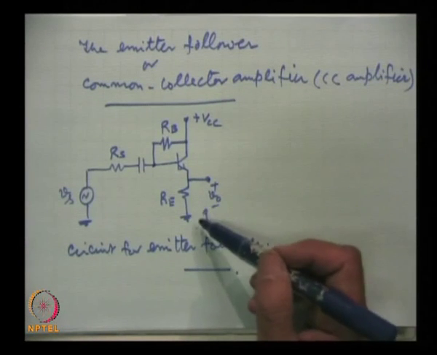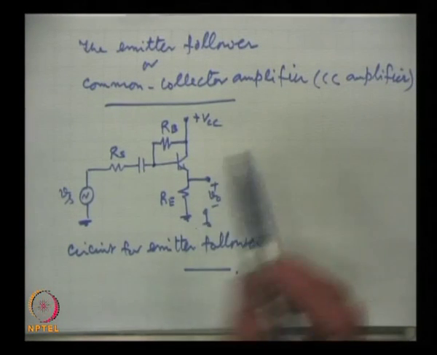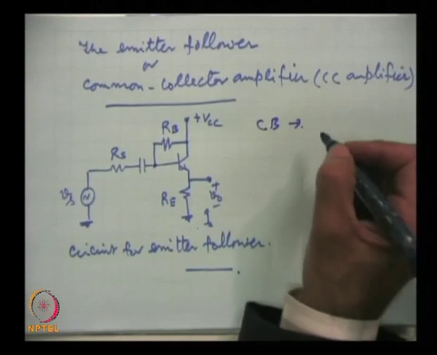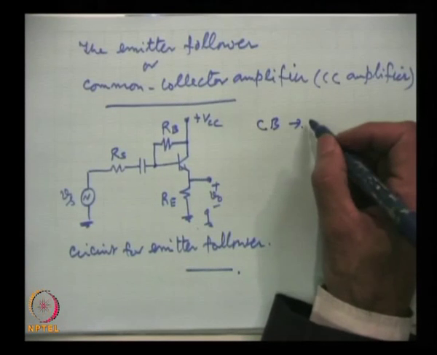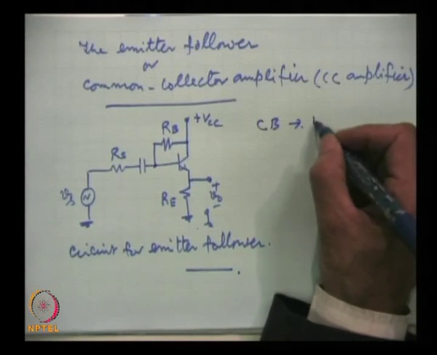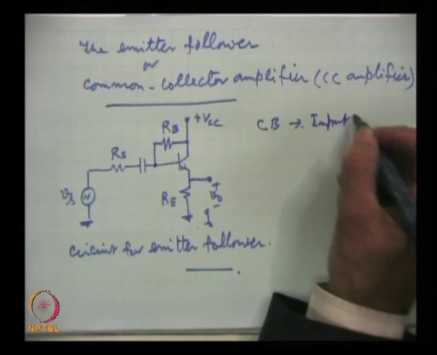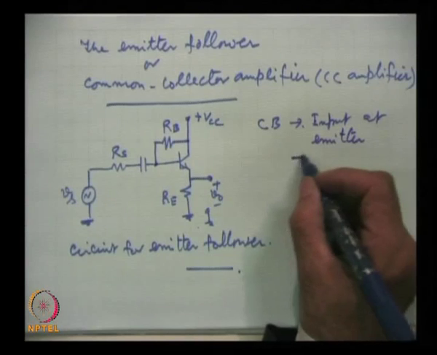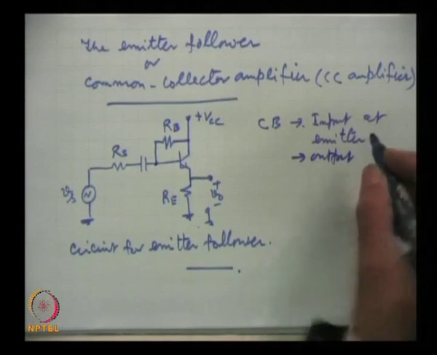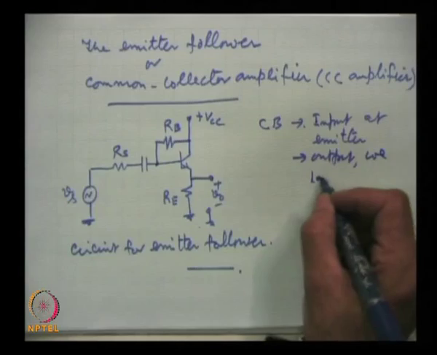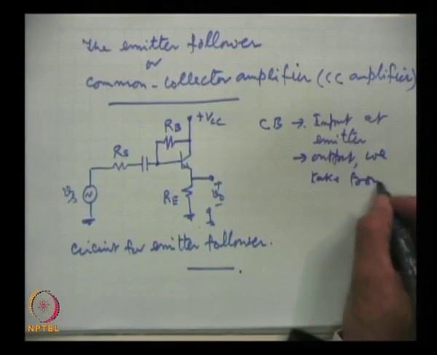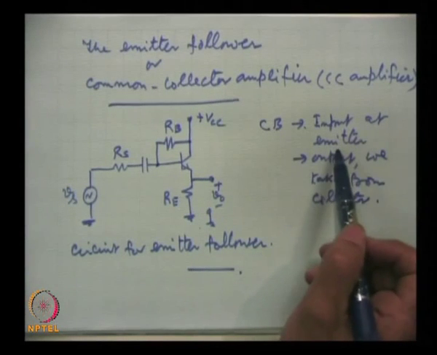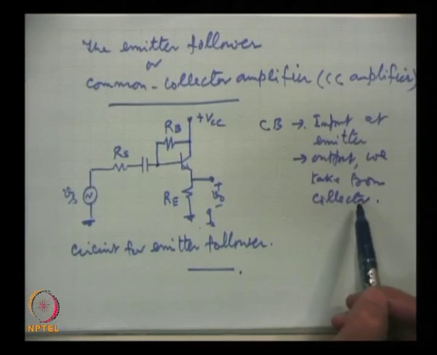It is very important to note this difference, because in common base we connect the input to the emitter, and the output we take from the collector.